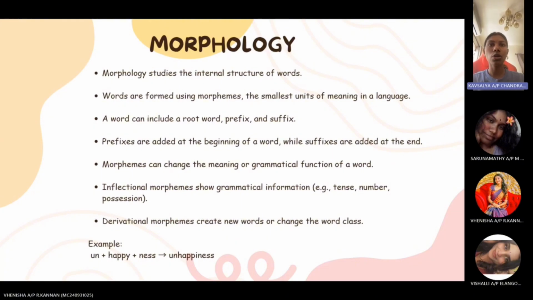Morphology also looks at inflectional morphemes, which change a word to express grammatical information such as tense, number, or possession, and derivational morphemes, which create new words to change the word's category.